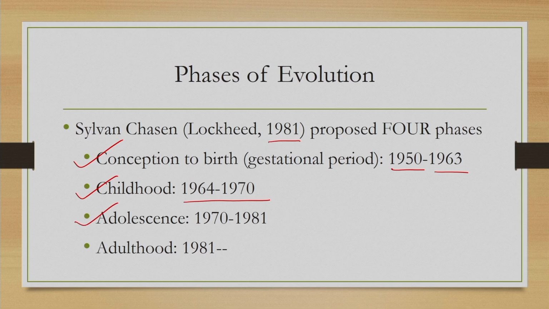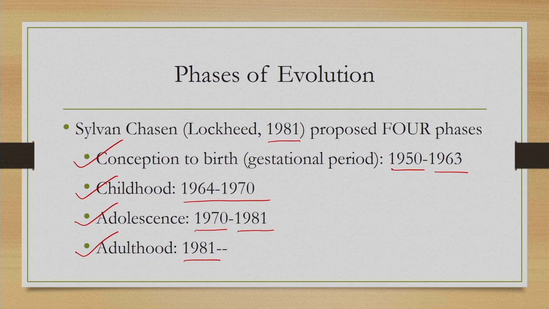This is again a somewhat significant phase and spanned between the 1970s to the early phase of the 1980s. And then we have the adulthood, which is still continuing, starting from the early 1980s. So, these are the 4 phases that were proposed by Sylvan Chasen in 1981: gestational period, childhood, adolescence period and adulthood.